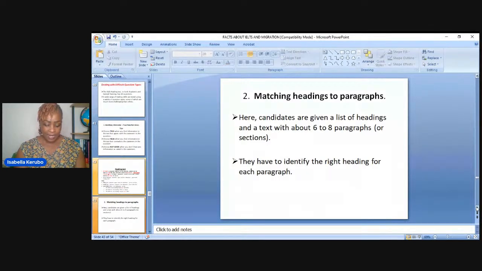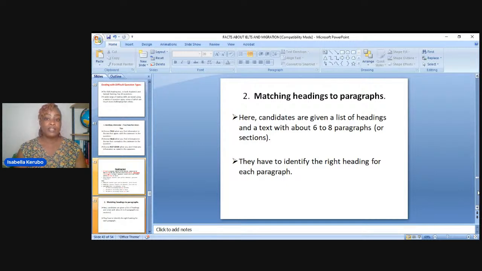The second question type that confuses people or challenges most test takers is the matching of headings to paragraphs type of questions. In this type of questions, you are given a set of headings or a list of headings, all right? And then you are given about 6 to 8 paragraphs.